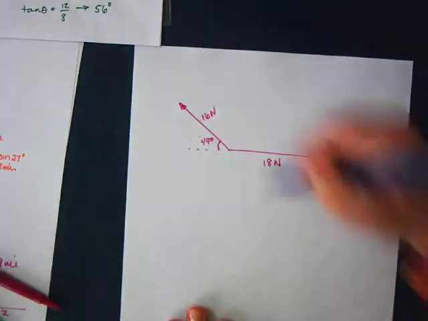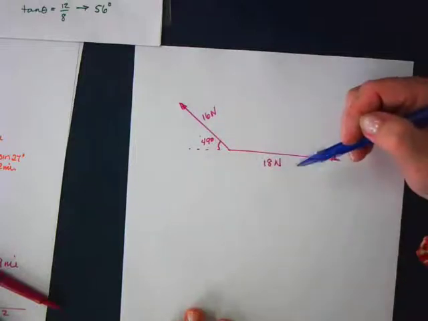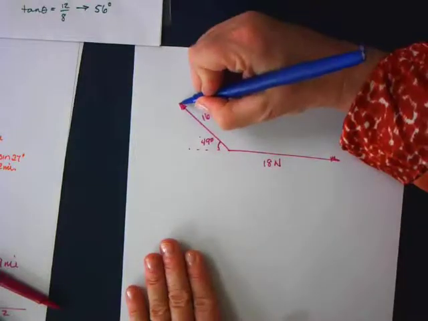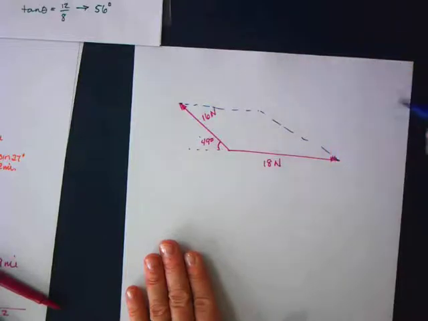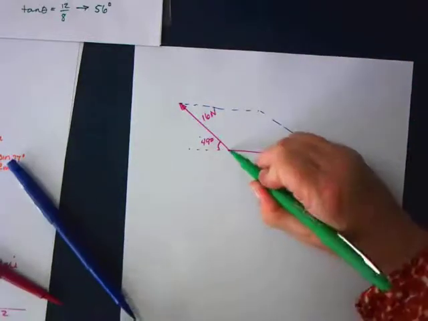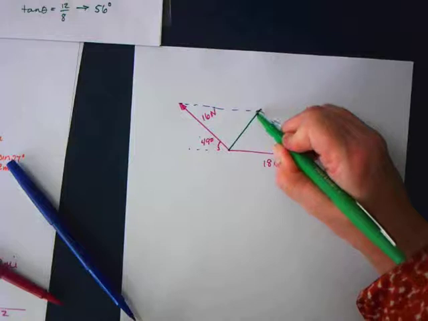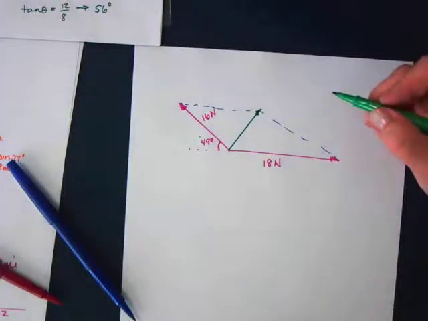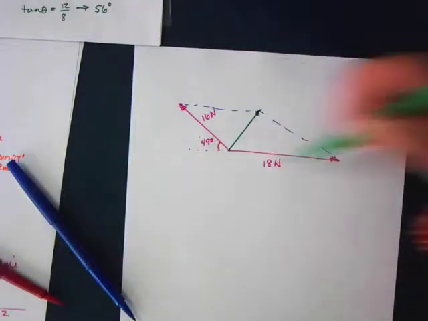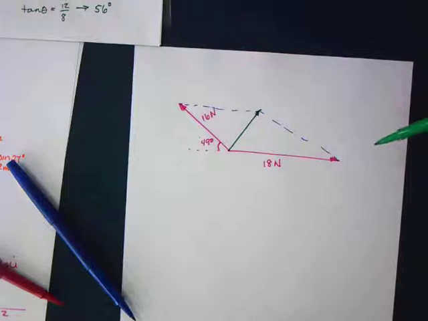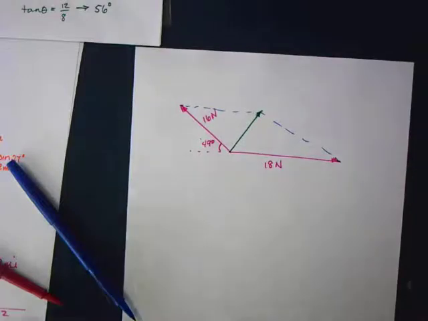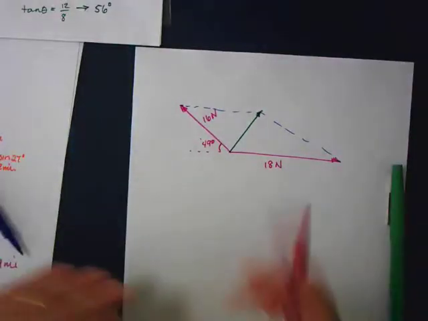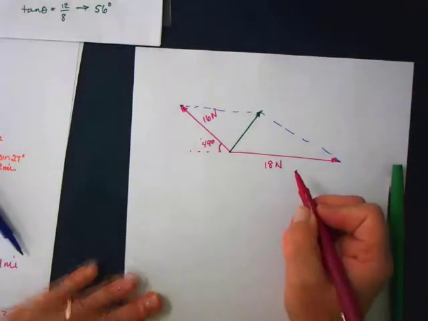Yesterday, if you recall, we made a parallelogram out of two vectors that were not at 90 degrees, and the resultant was the diagonal. But that's inconvenient, because we have to make sure everything is perfectly to scale, and you have to get out your protractor, which is a hassle. So there must be a mathematical way to resolve this, and there is.